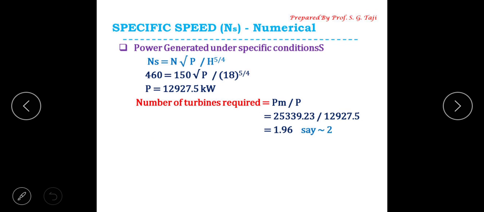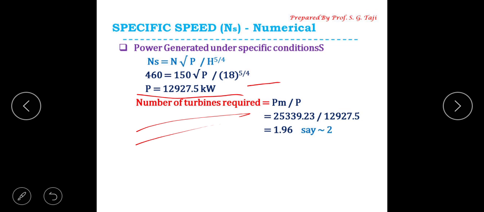Power generated under specific conditions: Ns is equal to N divided by root P, H to the power of 5 by 4. All values are known except P. Calculate P. You will get 12,927.5 kilowatt.